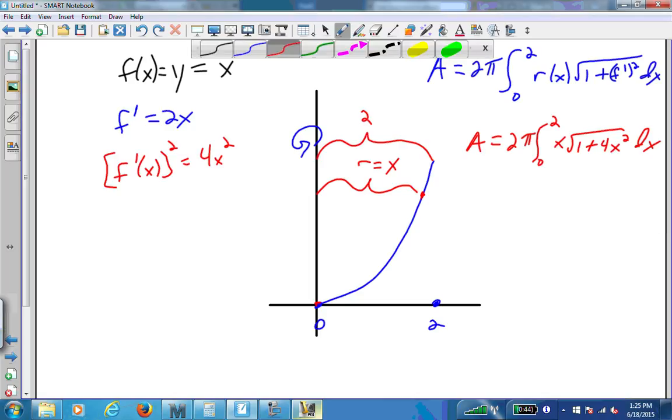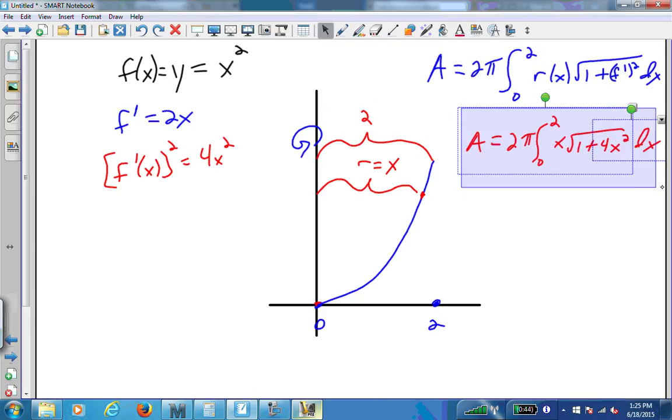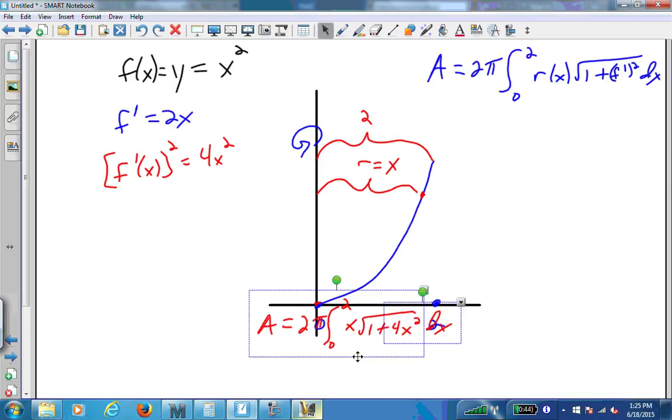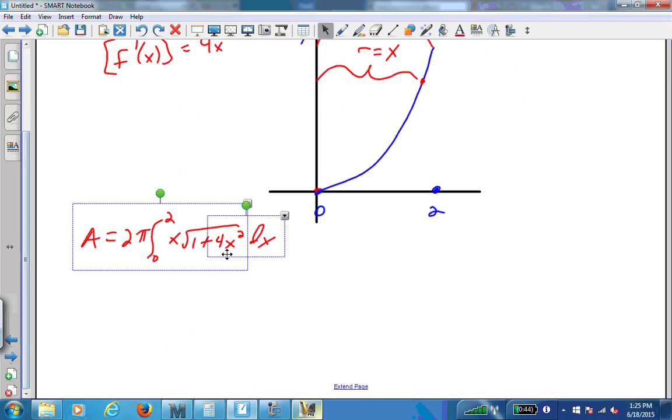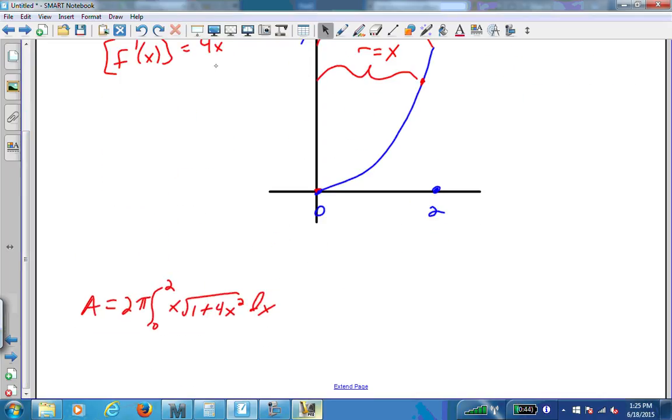Some of these can get really messy. This one's actually not too bad. Let me pull it down here. If we pick what's underneath the radical to be u, then notice du is 8x dx. We've got x dx. We put an 8 there, divide by 8.